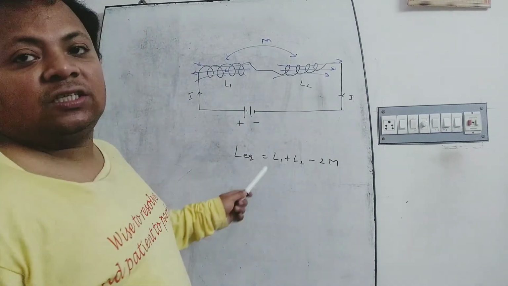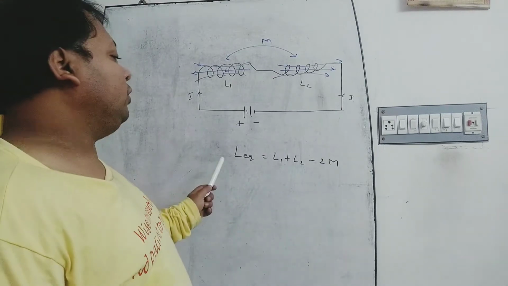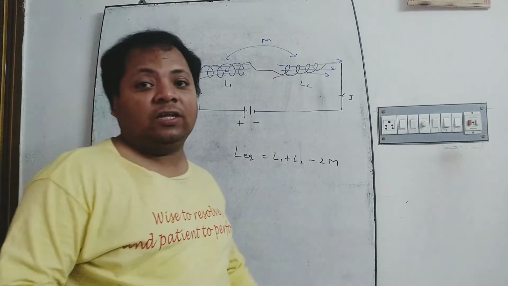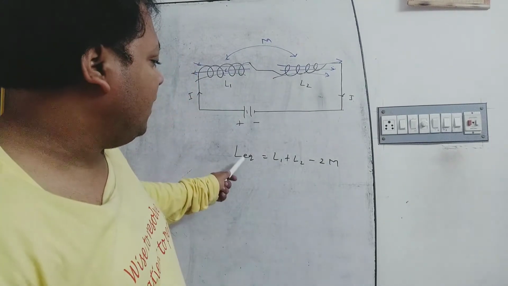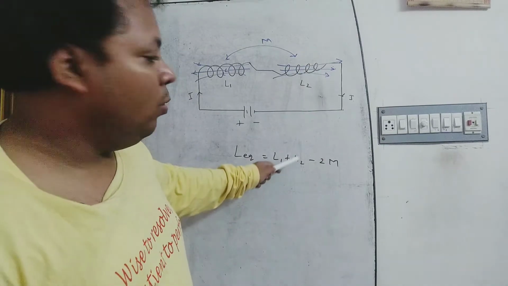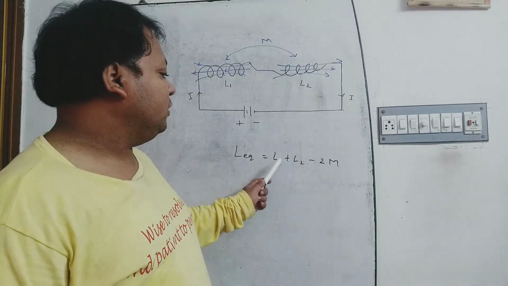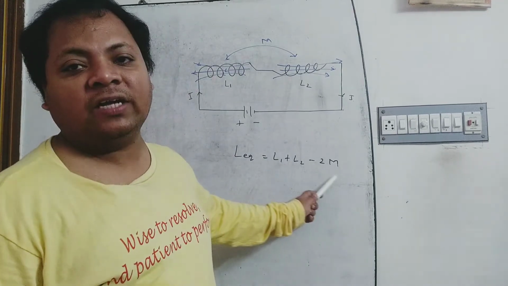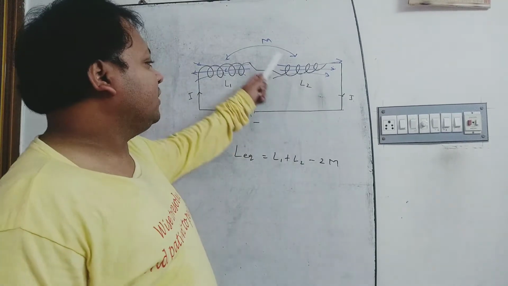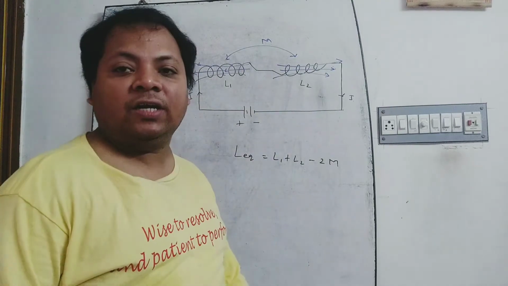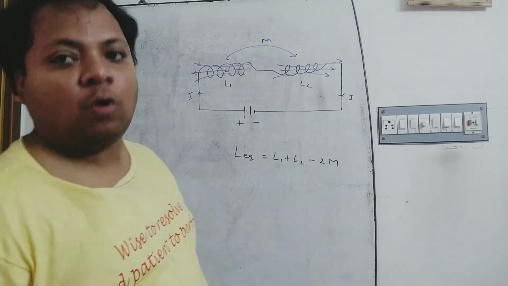In this case, L equivalent is equal to L1 plus L2 minus 2M, where M is the coefficient of mutual inductance between the two coils.